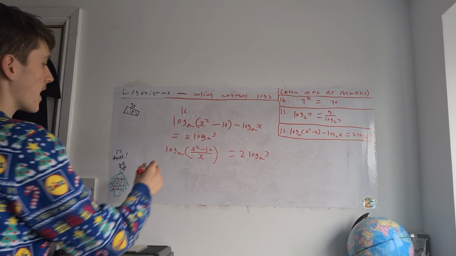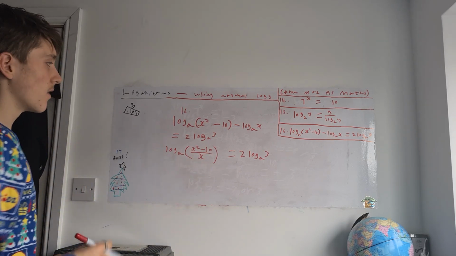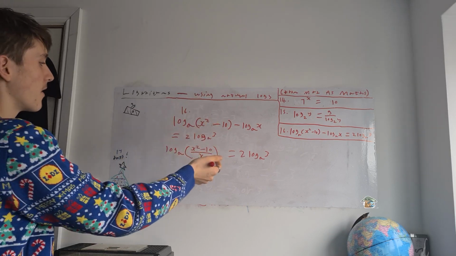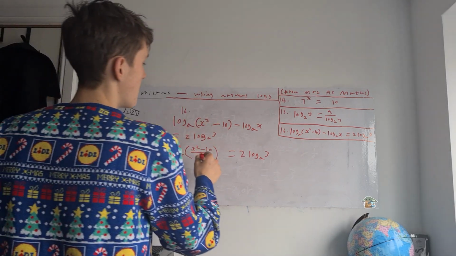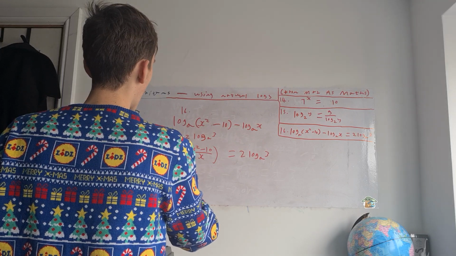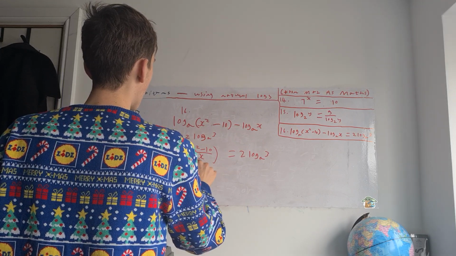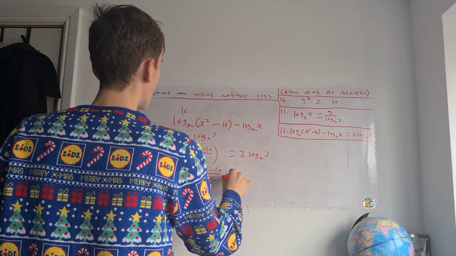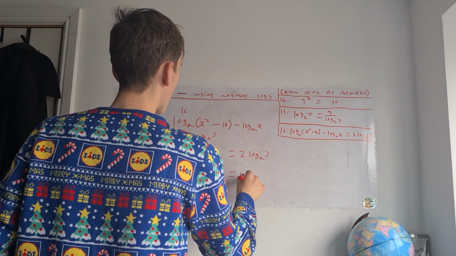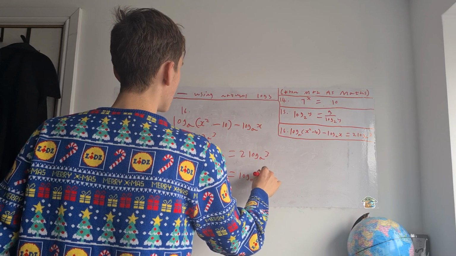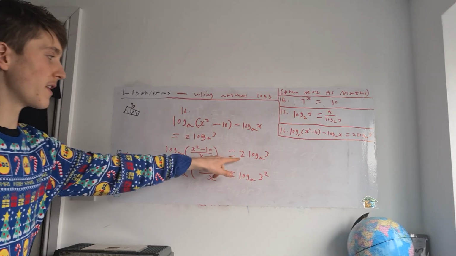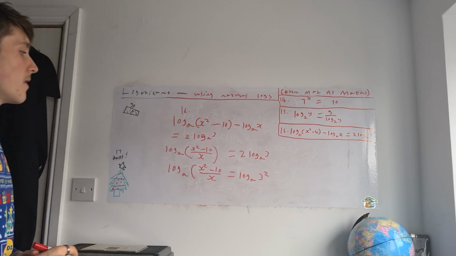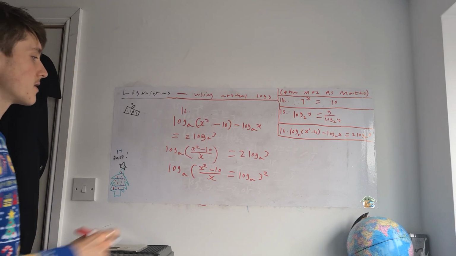And now, obviously we've seen these in the last couple of questions, so you probably noticed this almost immediately, but log a of (x squared minus 10) over x is equal to log base a 3 squared. So obviously you just bring that up to the power there. So now we've ended up with this.